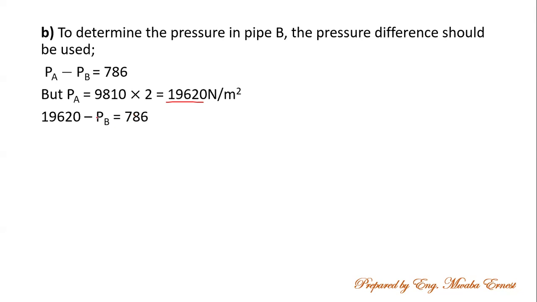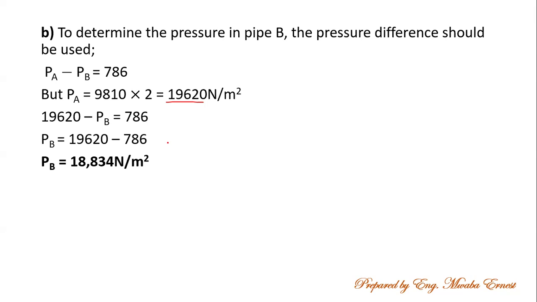I'm looking for pressure at B, so I move terms so that I have a positive. What I will have is 19,620 minus 786, and hence the pressure at point B is 18,834 newtons per square meter.